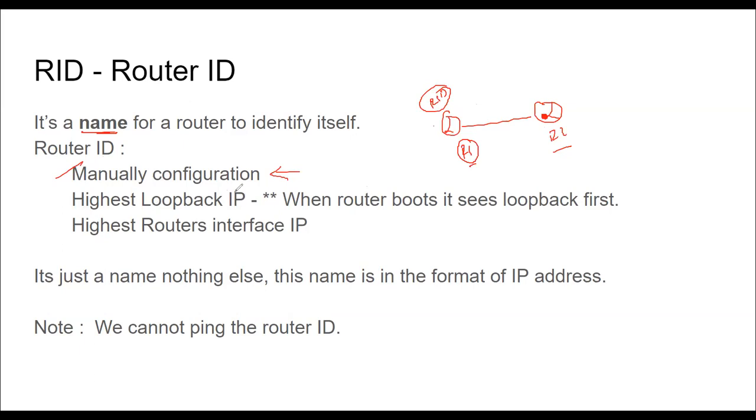The reason why we choose highest loopback IP is because whenever a router reboots or something happens, the first interface which will come up is loopback IP, not your physical IP. So if you don't have any loopback, in that case, your highest router interface IP. Guys, note this down. I'm saying highest router interface IP. I'm not saying the interface on which OSPF has been configured.